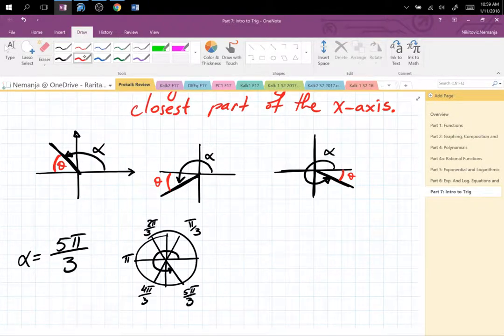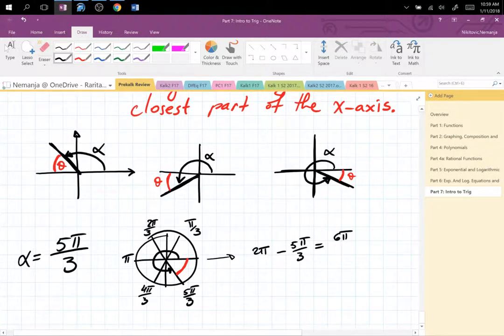The reference angle is the ray of the original angle and the closest x-axis, which is this. Now, we know that this part is 2 pi. You subtract 5 pi over 3. So that's 6 pi over 3 minus 5 pi over 3, with a common denominator, which gives us pi over 3.